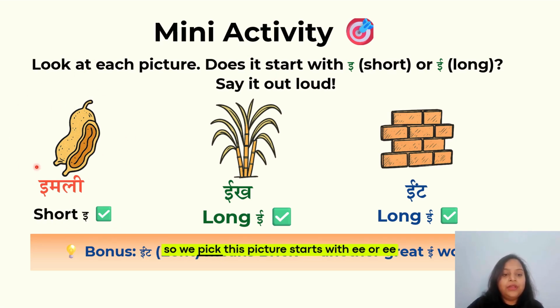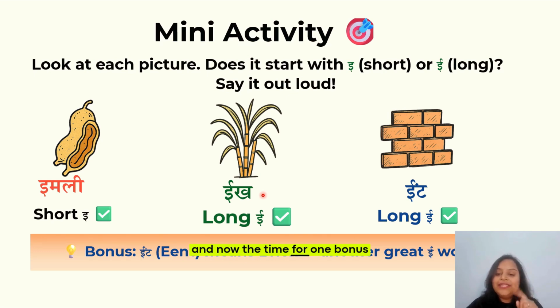Okay, so this picture starts with E or E. Yes, the correct answer is E. Imli. Okay, now look at this picture and tell me whether it starts with E or E. Yes, the correct answer is E. It has a long sound. Eek.